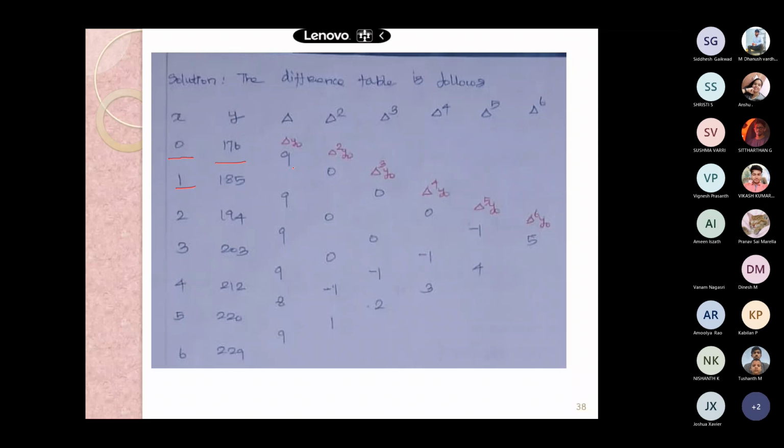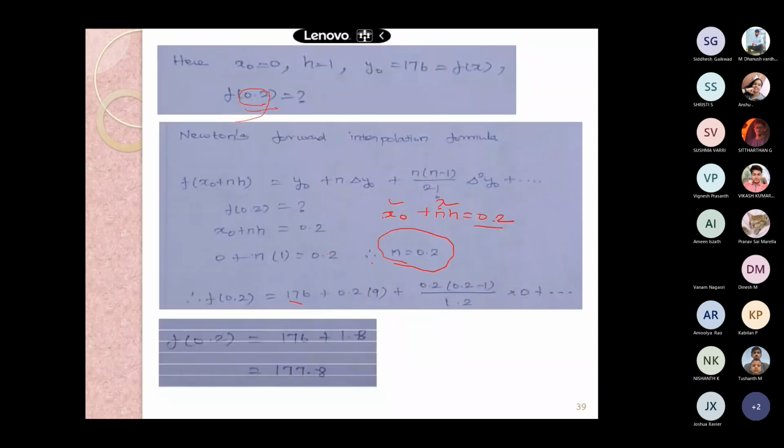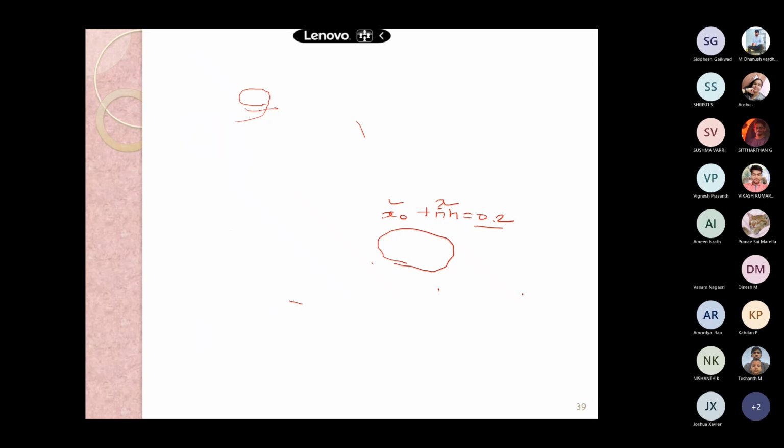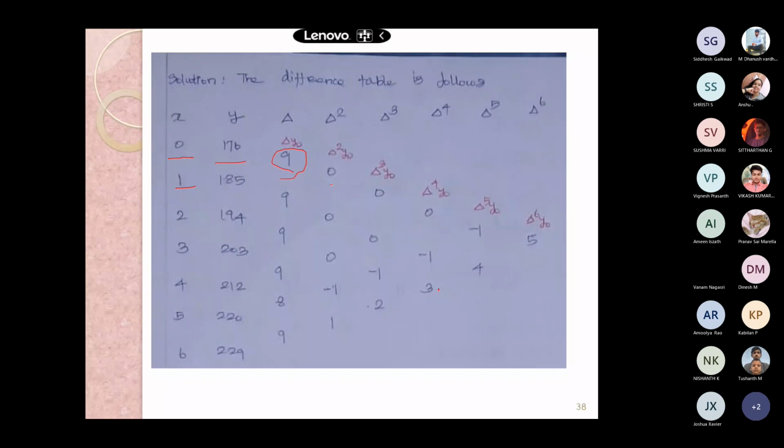We need to get the delta y naught from here, and n is 0.2. Then 0.2 minus 1 divided by 2 factorial into the second difference of y. The second difference of y is 0, the third difference of y is also 0, and the fourth difference of y is also 0.